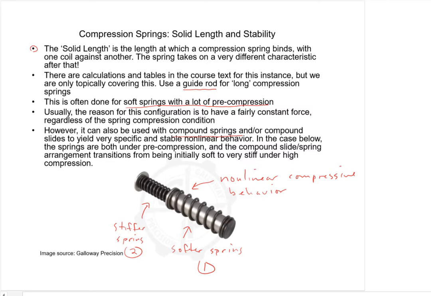So this is a guide rod, and there's another guide rod in here. In this case, these springs would almost certainly buckle under any significant deformation, except that we've added a compound guide rod system so that they're not capable of buckling anymore. The guide rod prevents it.